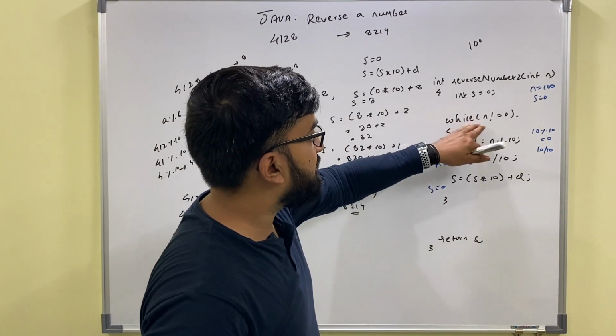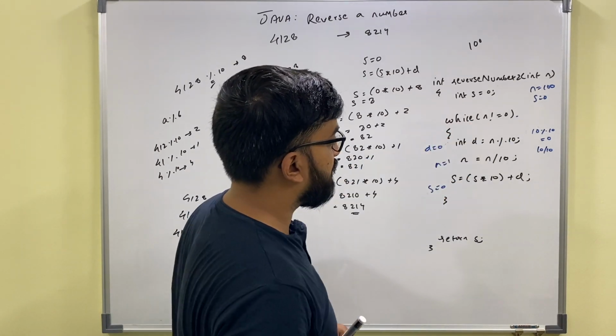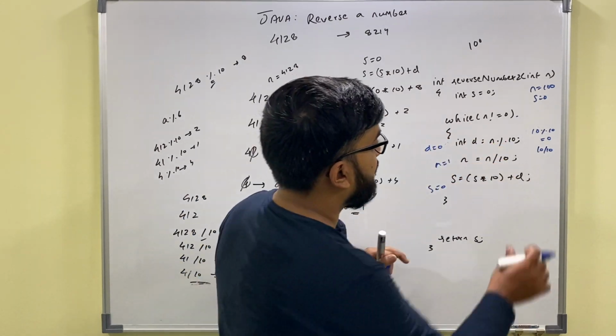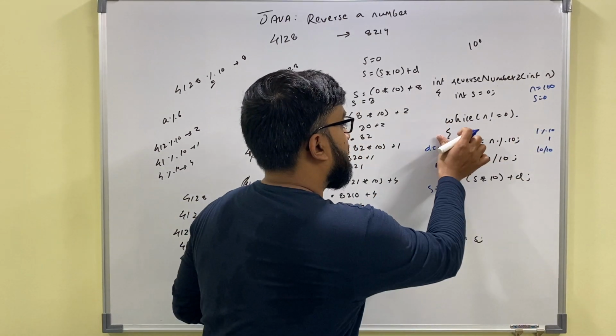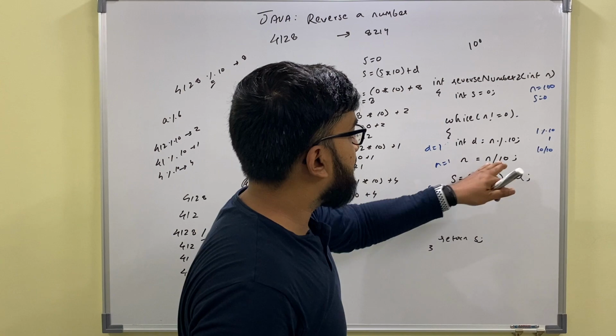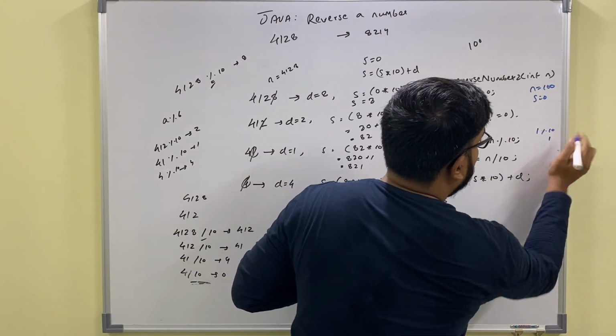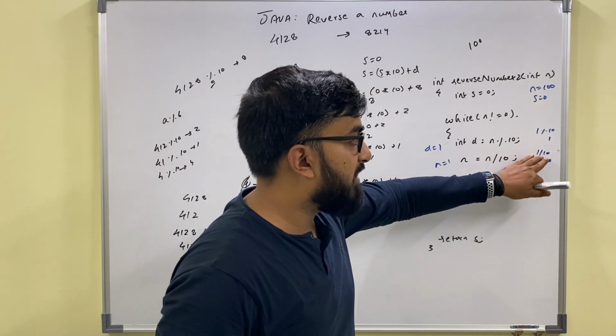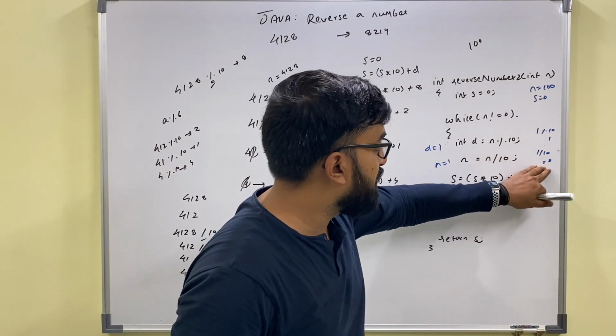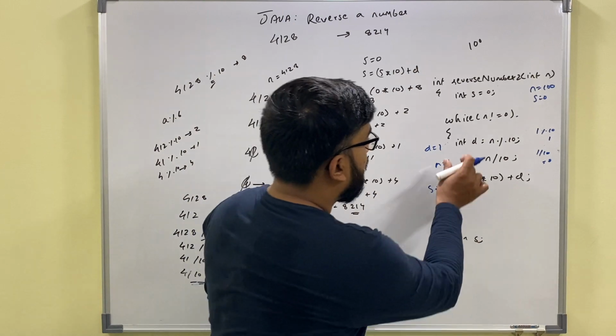You go back to check, n is 1, 1 != 0 is true. You come here, d is n % 10, 1 % 10 which is 1. d is 1 now. n = n / 10, 1 / 10 is going to give you 0 because any single digit divided by 10, integer division by 10, will give you 0. Okay, n is 0 now.